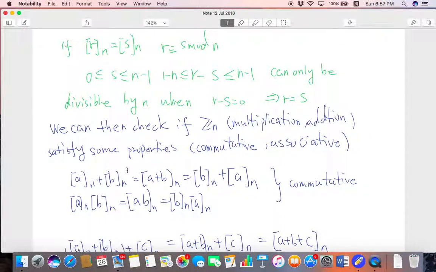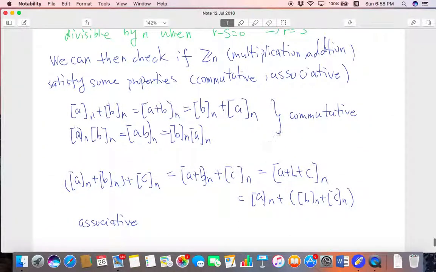That leads to the final point in this video, which is to check whether multiplication and addition satisfy some properties. In this case, is it commutative? Is it associative? Since we have already defined the operations, and they can be manipulated in a very handy way, we can check that it is indeed commutative and associative.